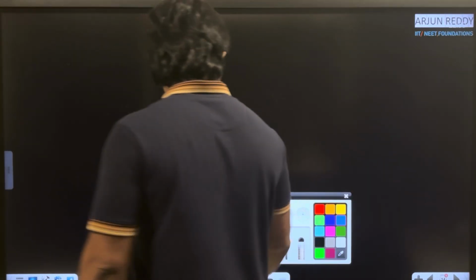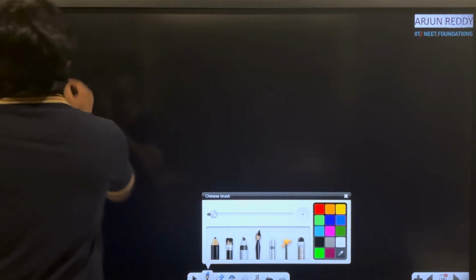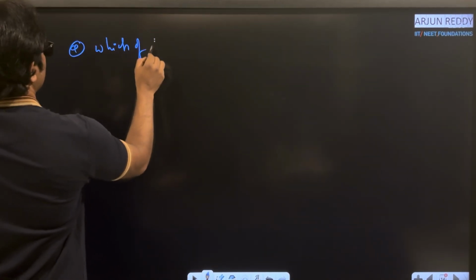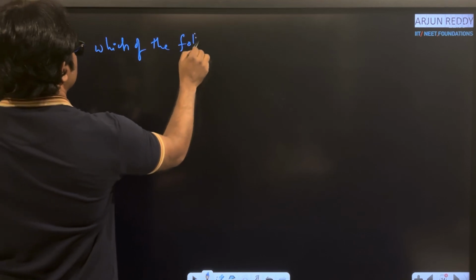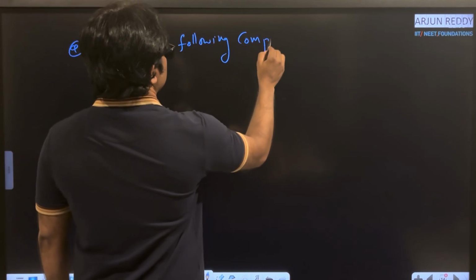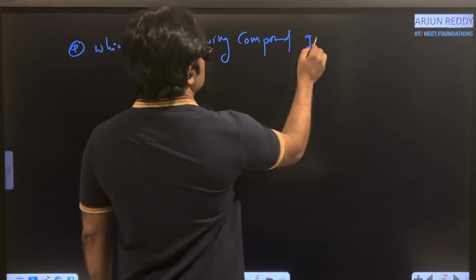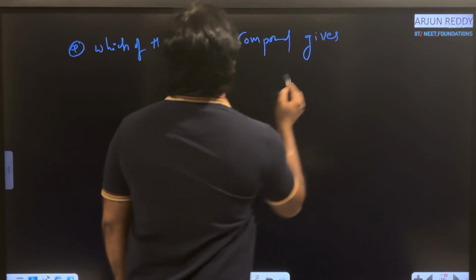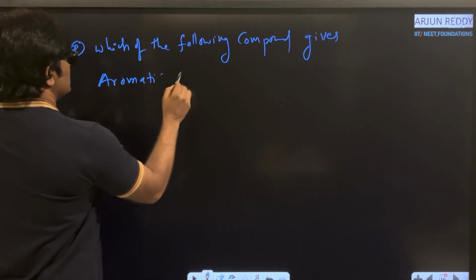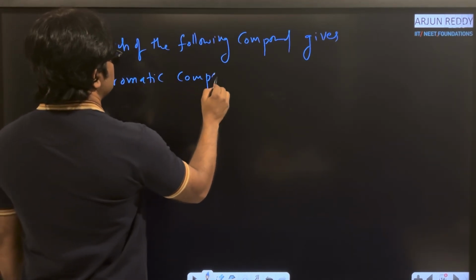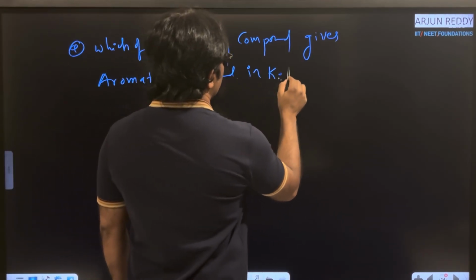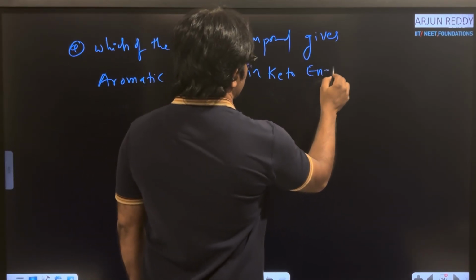Next question. Which of the following compound gives aromatic compound in keto enol tautomerism?